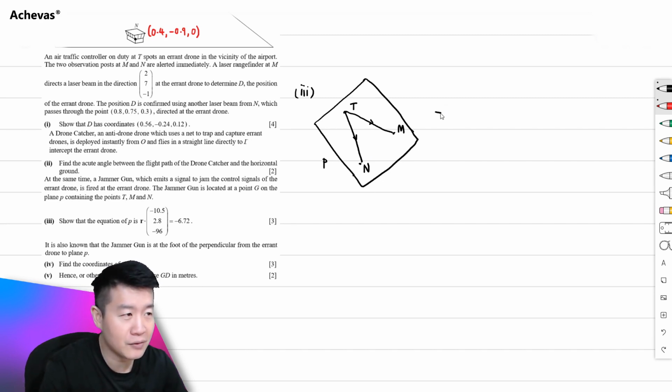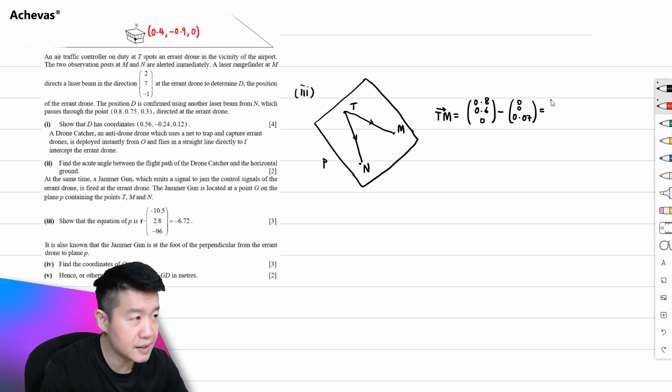So let me find vector TM. Vector TM is going to be OM (0.8, 0.6, 0) minus away OT, which is (0, 0, 0.07). And this gives me (0.8, 0.6, -0.07).